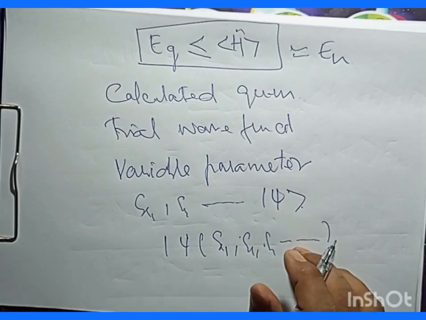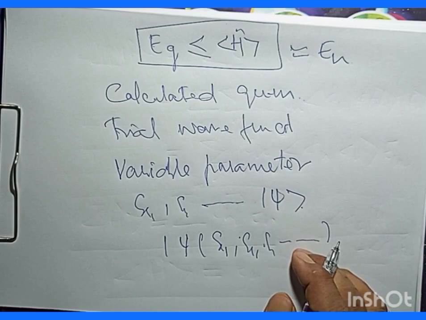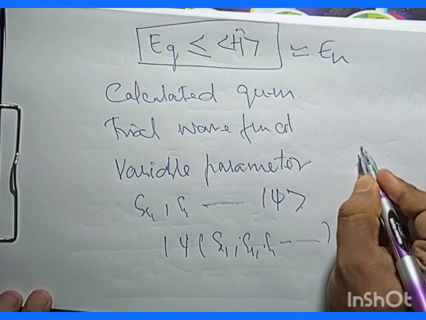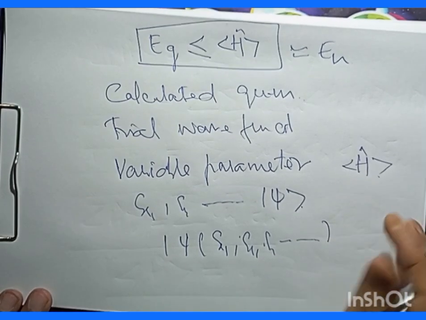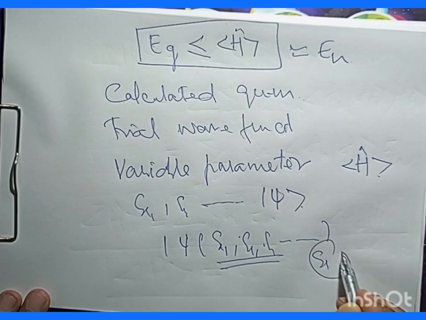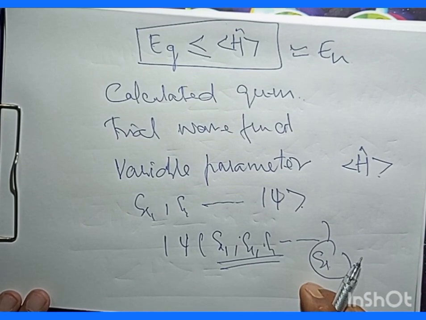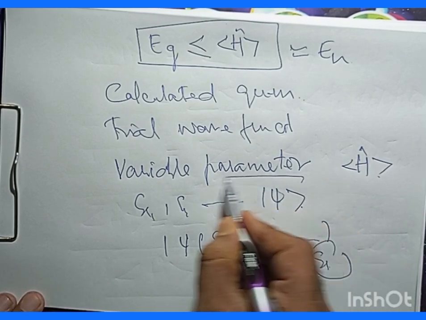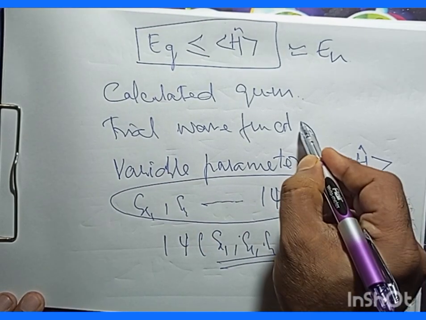Then we should be searching for the minimum value of the expectation value of this Hamiltonian by varying these adjustable zetas, so that one gets the closest estimated possible eigenstate and eigenenergy for this selected trial wave function.